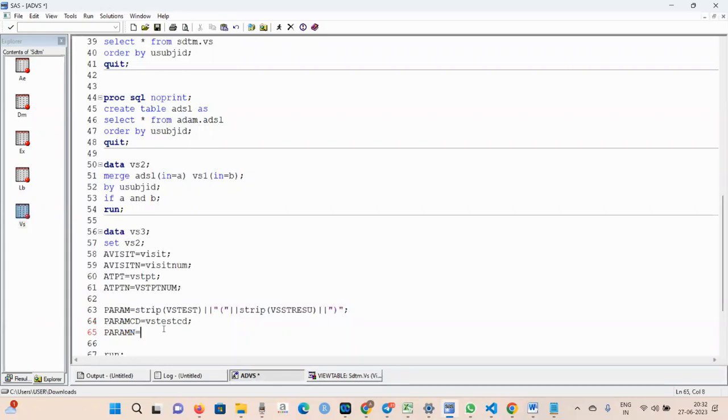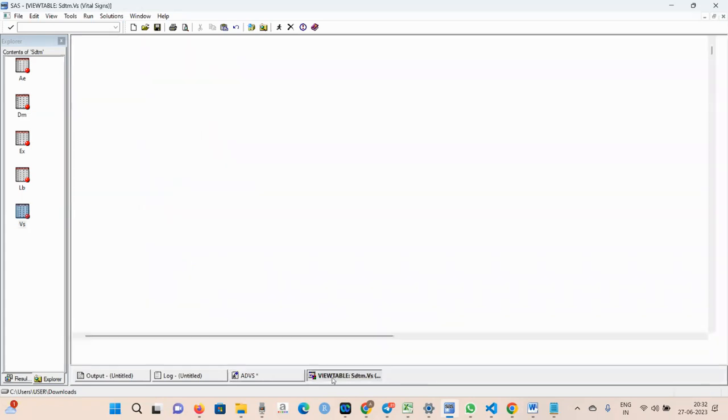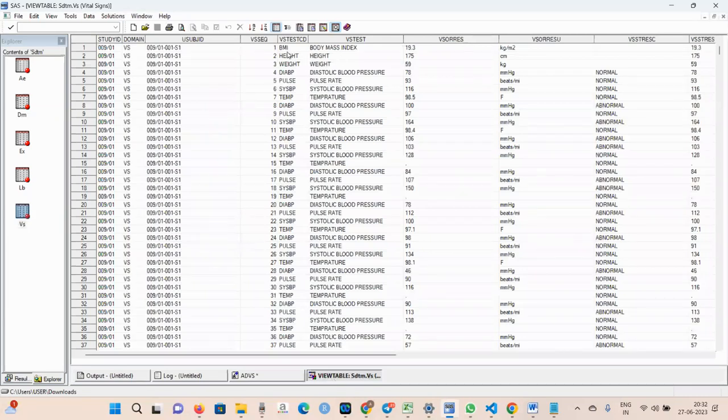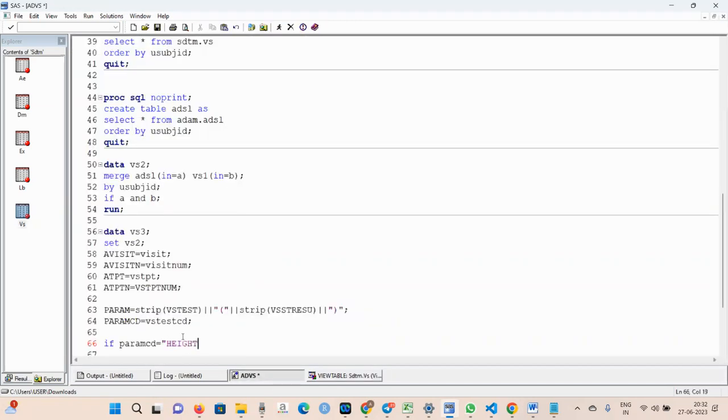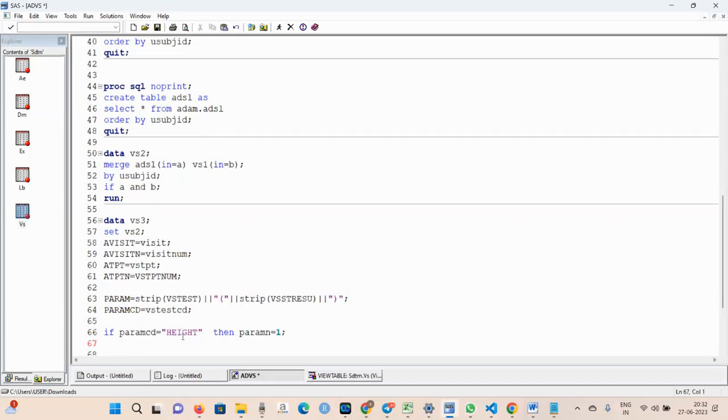So the PARAMN is, obviously, you need to derive the PARAMN for each parameter. For example, if PARAMCD equals height, first of all, I'm taking the height because your lead programmer will give the number you have to keep for your parameters.